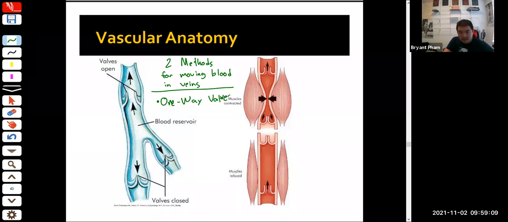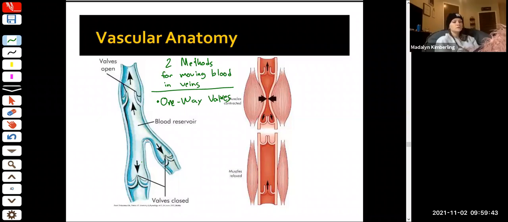One-way valves. Notice they only allow blood to move one direction. If blood tries to move the opposite direction, it just gets stuck at the bottom here. Question for you. Where in your veins we see these one-way valves, what are we constantly trying to move blood towards?